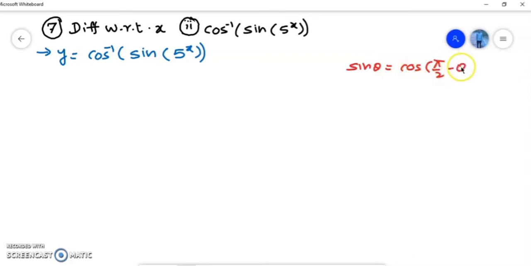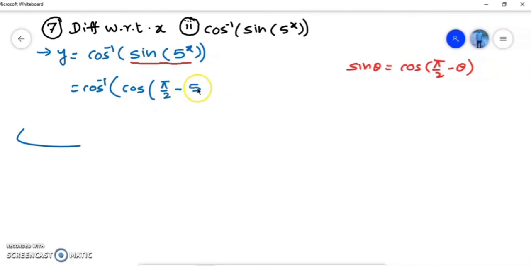So sine theta can any time be written as cos of pi by 2 minus theta. So we shall replace this sine of 5 raised to x; cos inverse won't change. Now here we'll make that change: I can write sine replaced by cos of pi by 2 minus 5 raised to x.